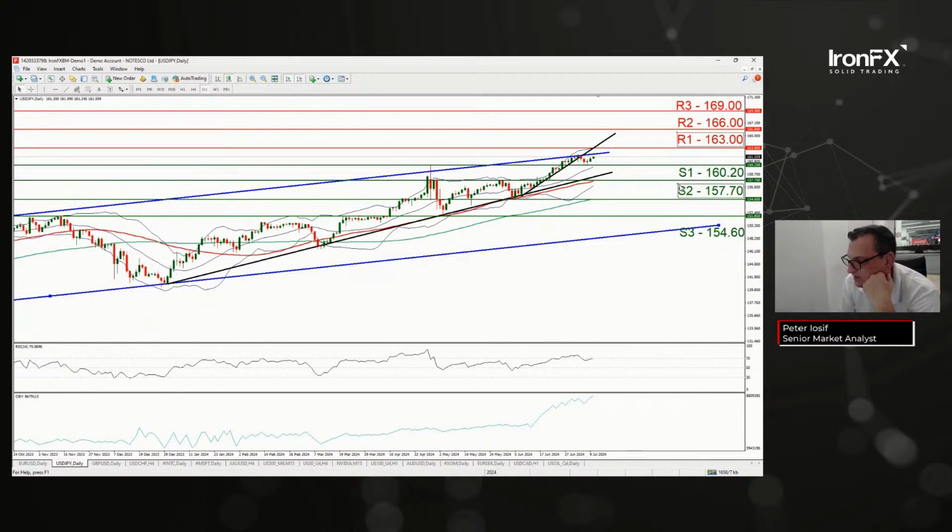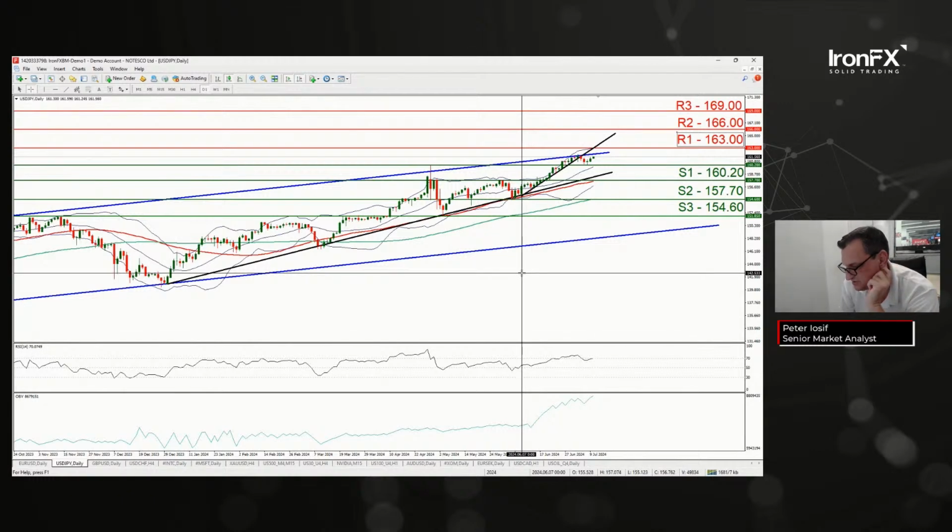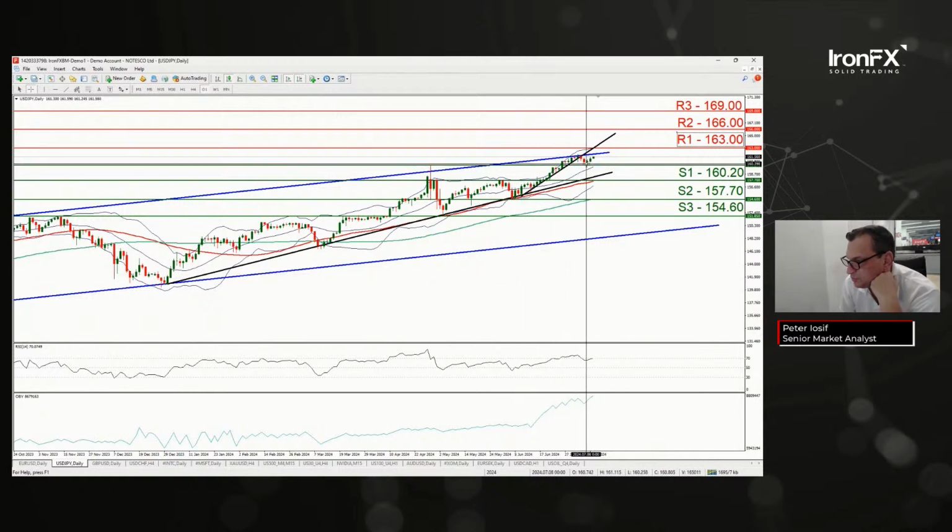On a technical level, I would be noting here that we have a change of trend in the short term, given that the upward movement, which was initiated, actually intensified in the 6th, 7th of June, that seems to have been broken.